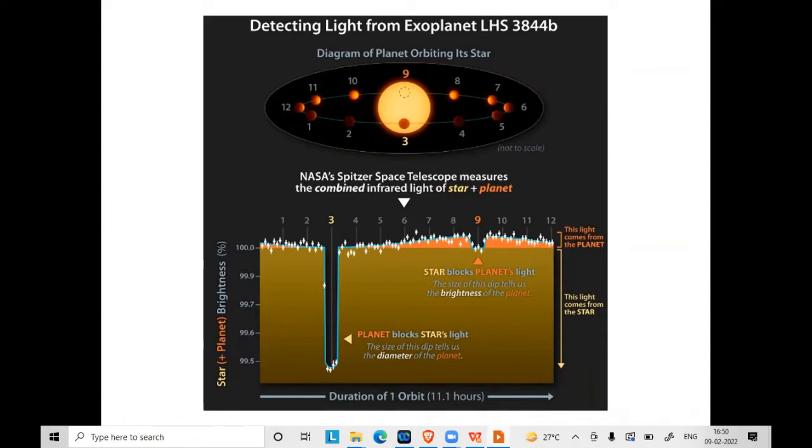With such technology at hand, we can detect and discover exoplanets orbiting stars. Otherwise, with just a ground-based telescope looking at a star, you would not be able to discover if there is any planet revolving around it.